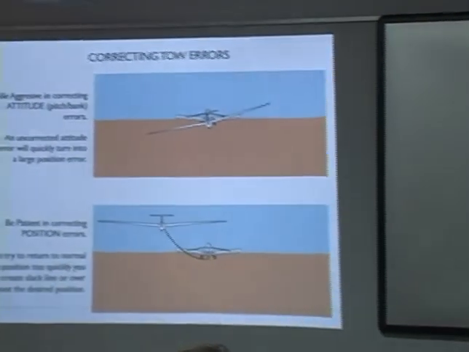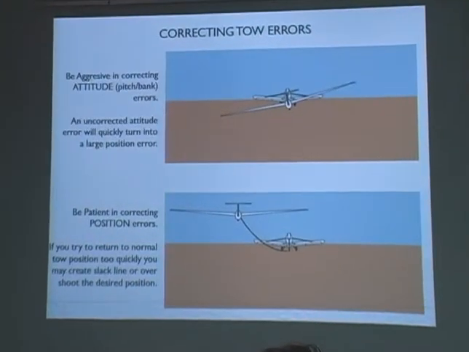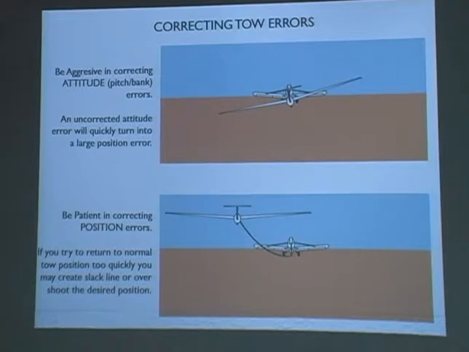Okay, another scenario. When you're on tow, if you get an attitude error, say a wing gets lifted, you need to be really aggressive at fixing that. Aggressive on attitude. If you get a position error, say you get a little too high or a little out to the side, you can be patient fixing the position errors.